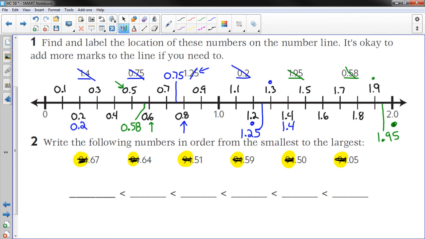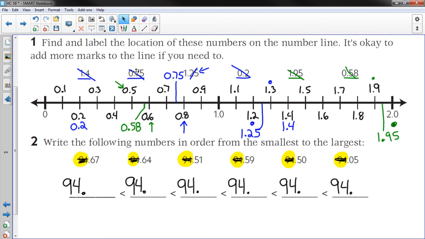What I could do is just write 94 and put a decimal. 94 and put a decimal. 94, put a decimal, and so on, because they all start with this number.